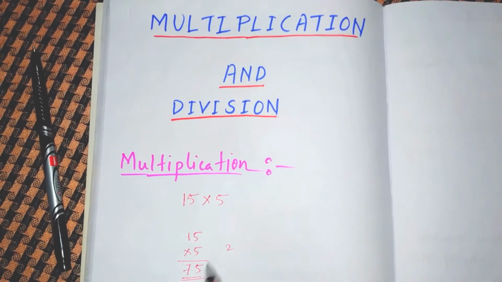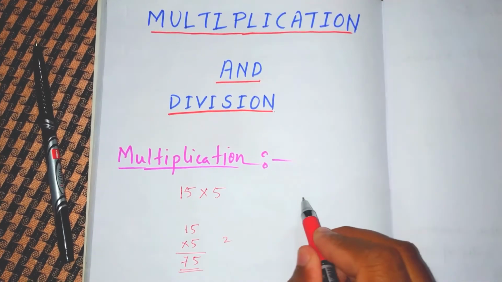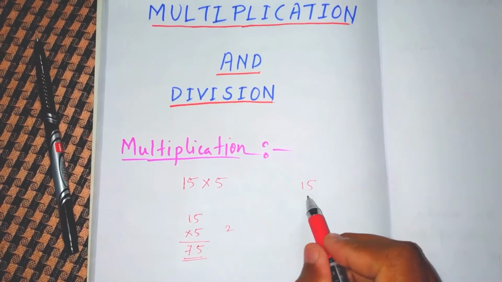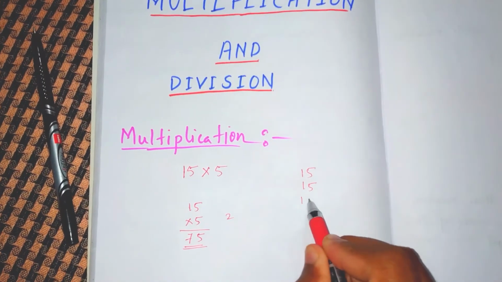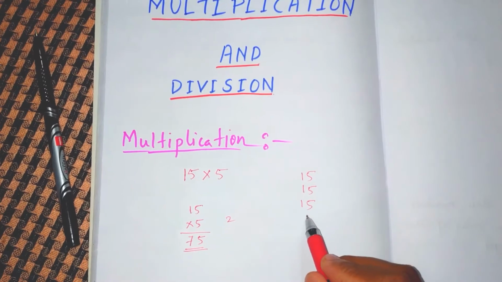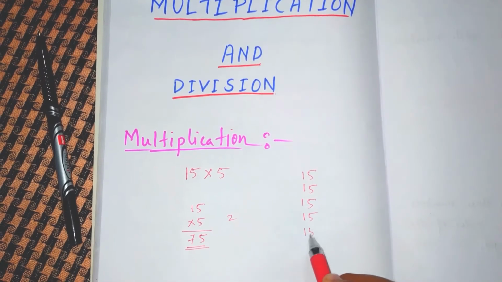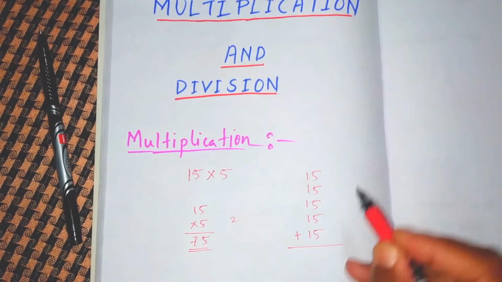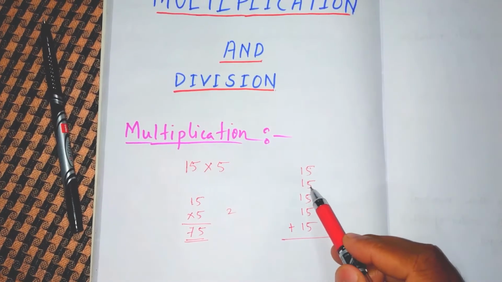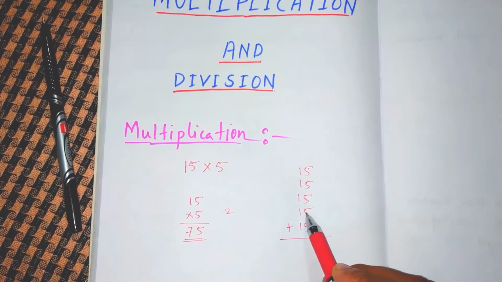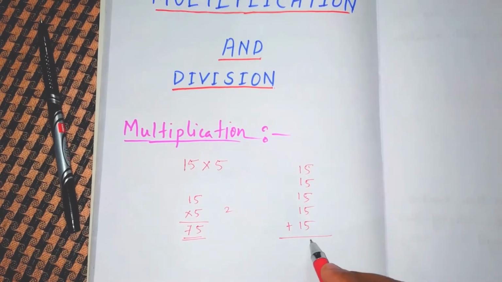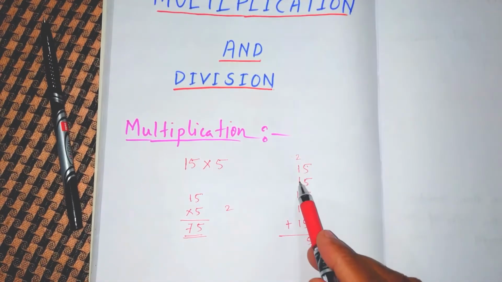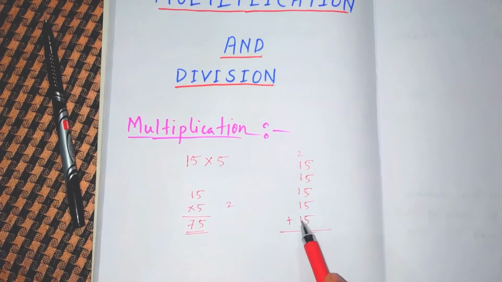It's a shortcut way. And if you say 15 into 5, okay, that means 15 is written 5 times: 15, another 15, another, 3, 4 and 5. 15 I have written, and if I add them, 5 plus 5 is 10, plus 5 is 15, plus 5 is 20, plus 5 is 25. 5 will write, 2 will be in hand. 2 plus 1 is 3, plus 1 is 4, plus 1 is 5, plus 1 is 6, plus 1 is 7.